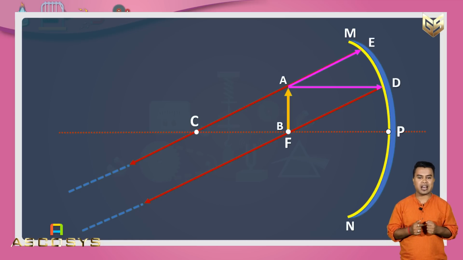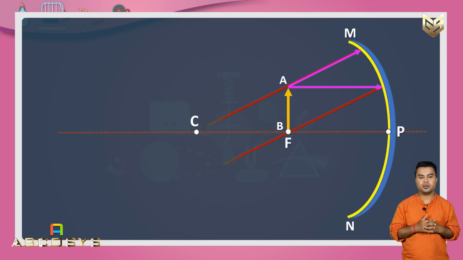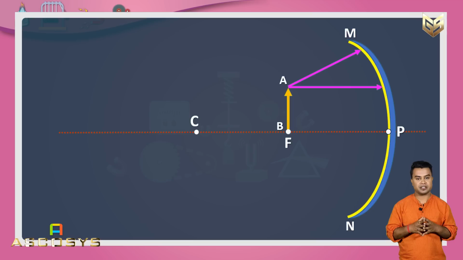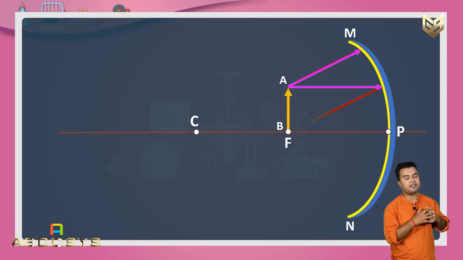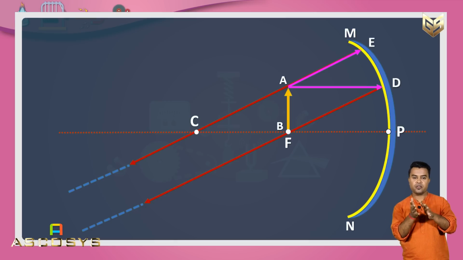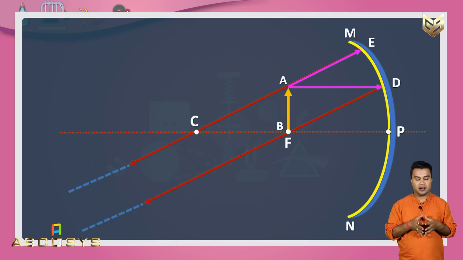Now, these 2 rays are moving parallel to each other, if you see, right. Will they intersect? They are not going to intersect. They might intersect very far, at infinity, because nearby they are not going to intersect, they are moving parallel to each other. So, the final image will form at infinity.